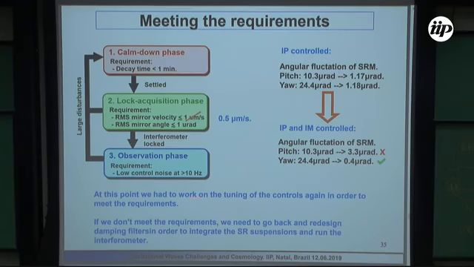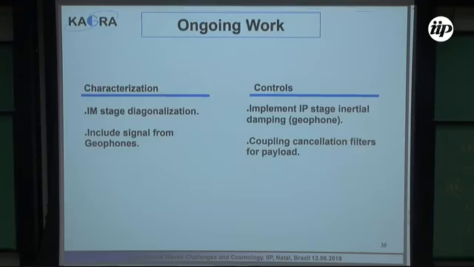So at this point we have to go back and tune our control filters again, and redesign the damping filters in order to integrate the signal recycling suspensions into the main interferometer. This is the work ongoing, and this is my last slide.